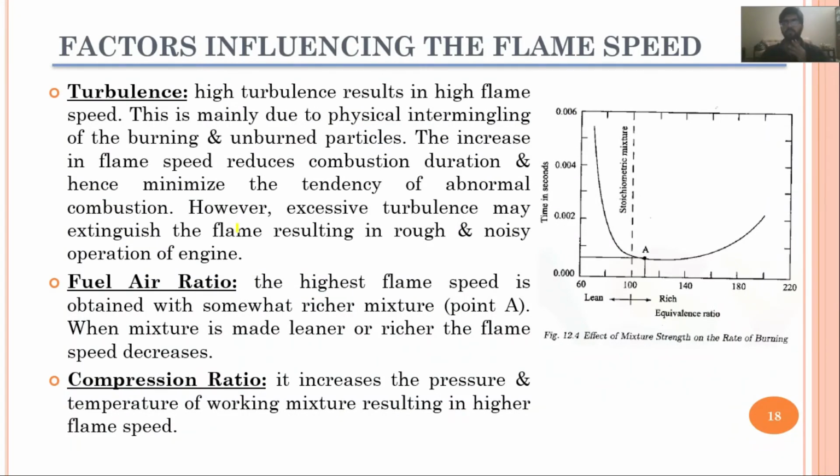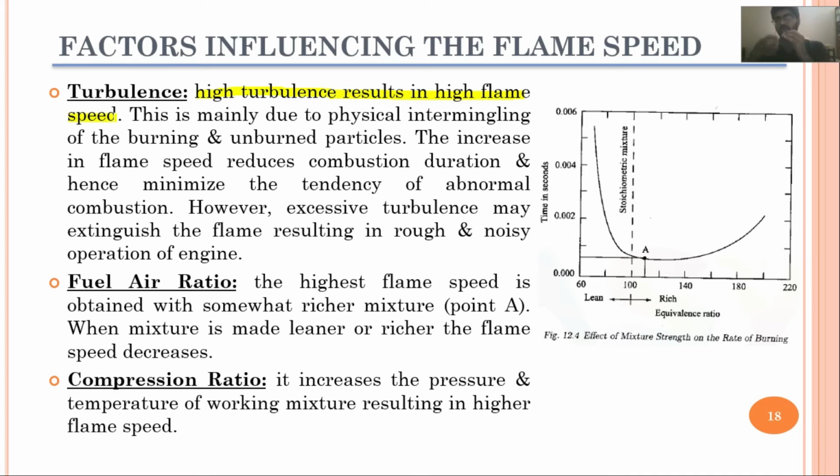Now next we have some factors which basically influence the flame speed. First one is the turbulence. I have already mentioned that higher the turbulence, the higher the flame speeds, because what is turbulence?